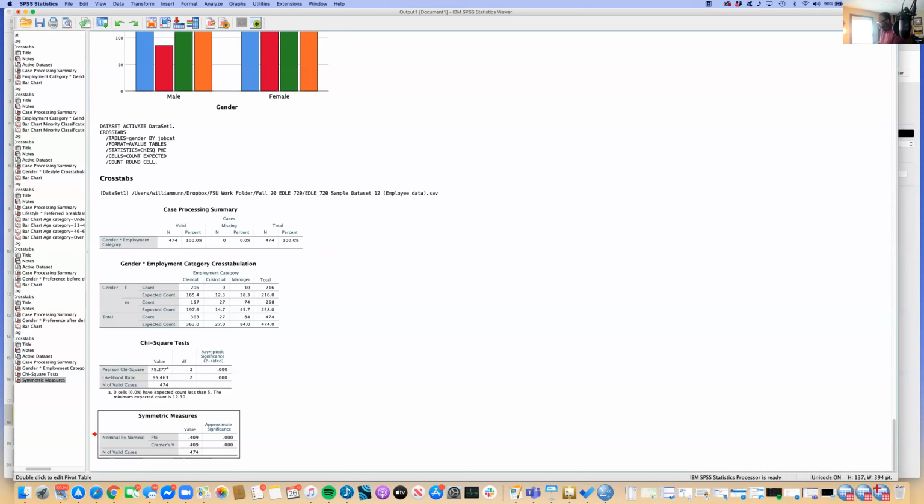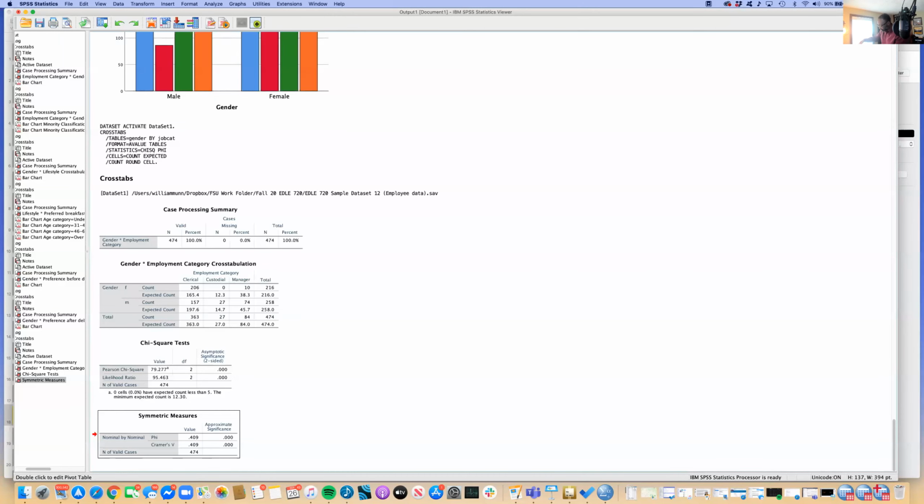In chapter 8, they show you how to write this up. For those who have regular books, it's page 136, problem 8.1, chi-square and phi.